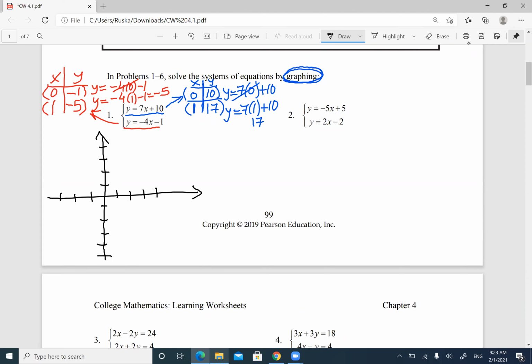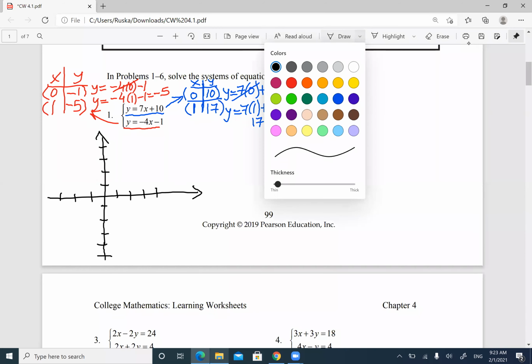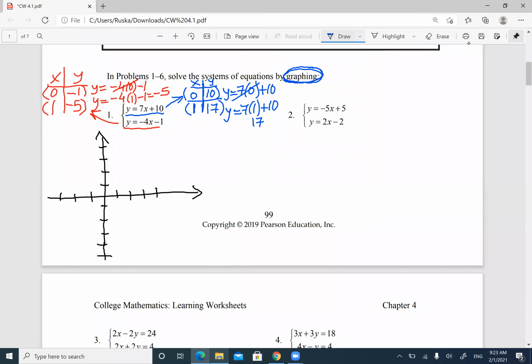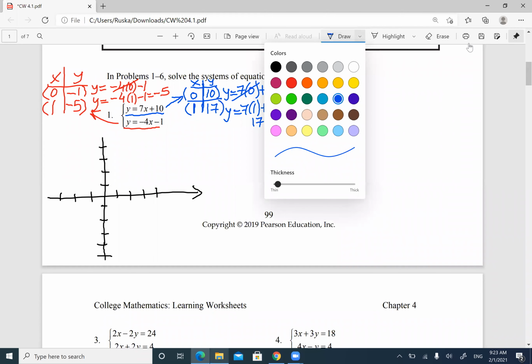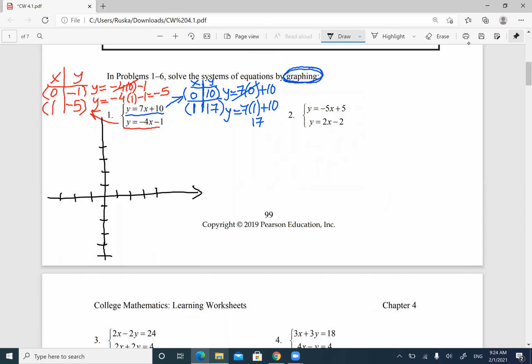Okay, so we're going to start with the blue line, the first equation, which has the point (0, 10). I'm going to move this all the way to (1, 17) actually. 1, 2, 3, 4, 5, 6, 7, 8, 9, 10.